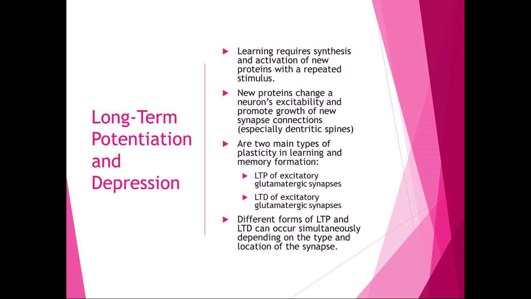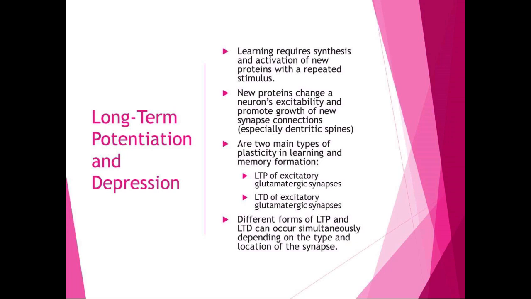So the two main types of plasticity in learning and memory formation are long-term potentiation, where you are creating more excitatory glutamate synapses. Those are the ones in the central nervous system, the excitatory ones. Long-term depression is where you're decreasing the number. So different forms of long-term potentiation and long-term depression can occur simultaneously depending on the type and location of the synapse.